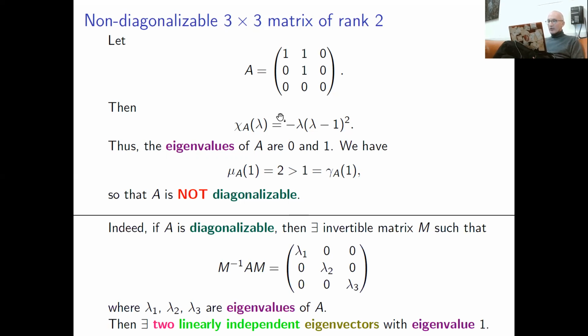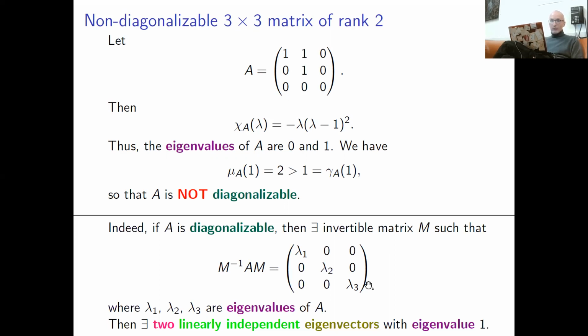Another way you can reprove what we just said without using any criterion, but using the fact that similar matrices have the same characteristic polynomial and the same eigenvalues, you can argue like this. Suppose that A is diagonalizable. Then there exists an invertible matrix M such that the inverse of M times A times M is diagonal.